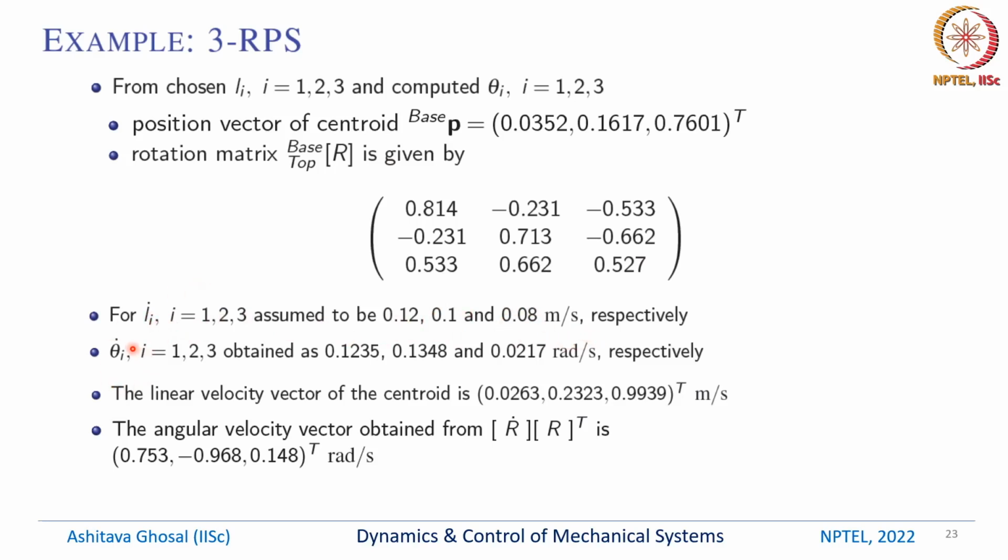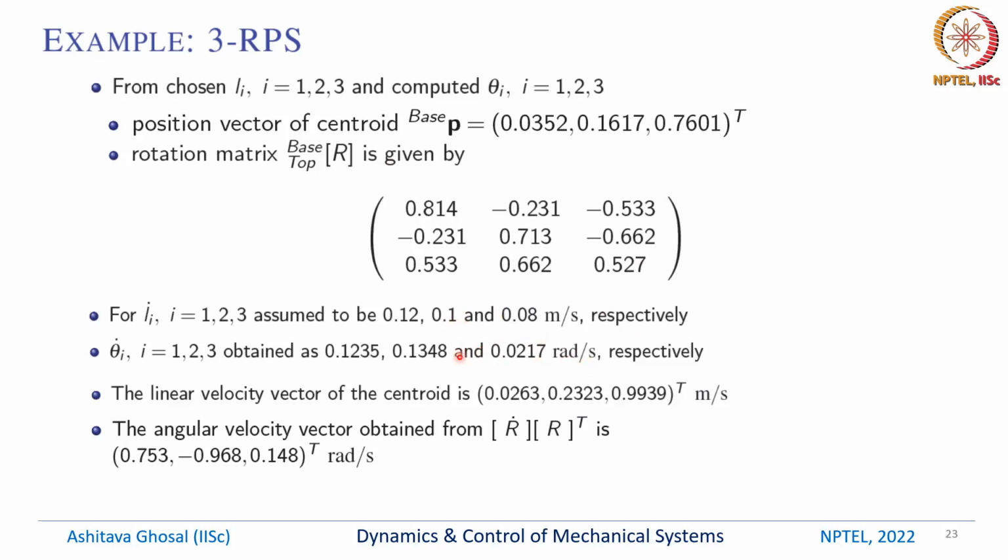The theta dot can also be obtained from the derivative of the loop closure equations, and they are given by theta 1 dot is 0.1235, theta 2 dot is 0.1348, and theta 3 dot is 0.0217 radians per second.